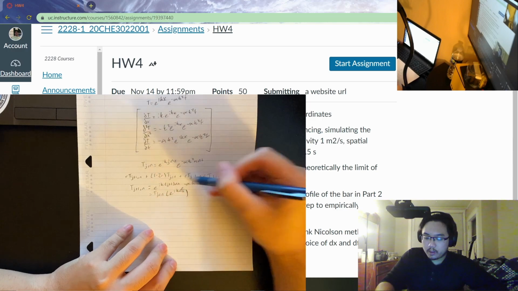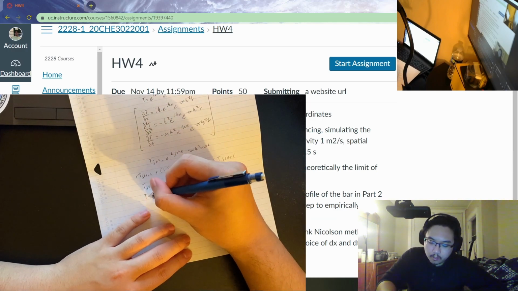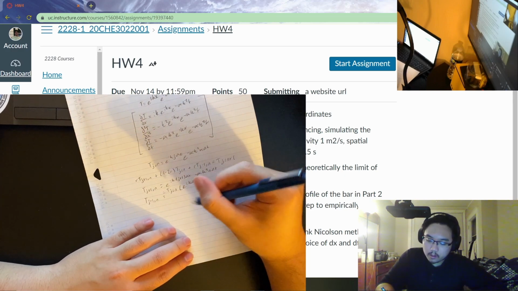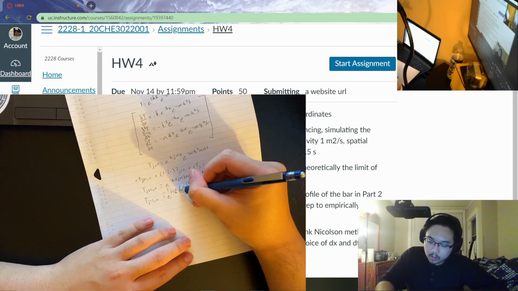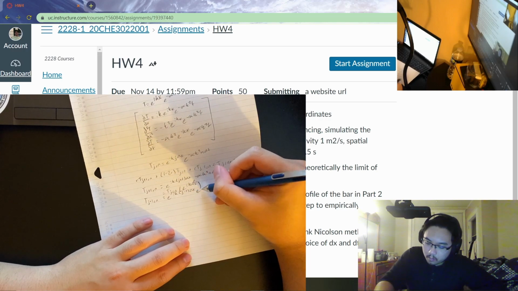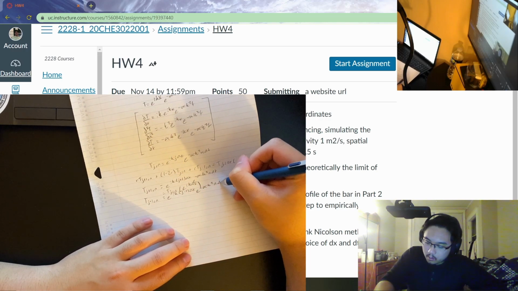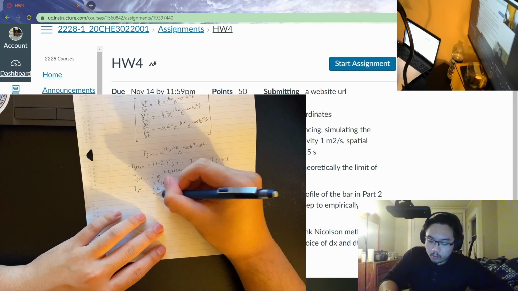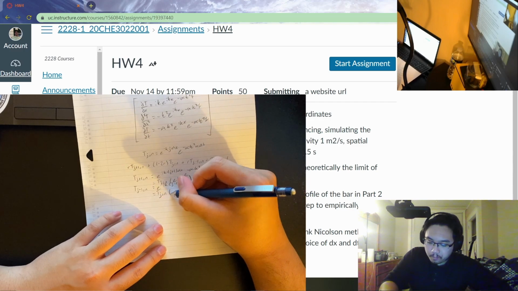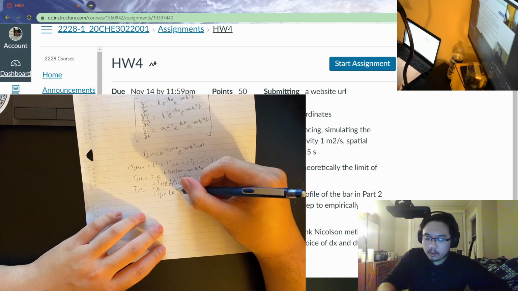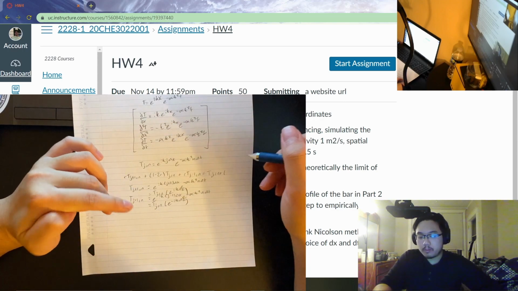We apply that same logic to the previous step, in which this becomes j minus 1, and we put it in terms of T_j^n, and the negative goes up in the exponent.